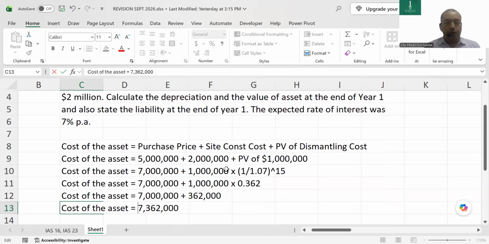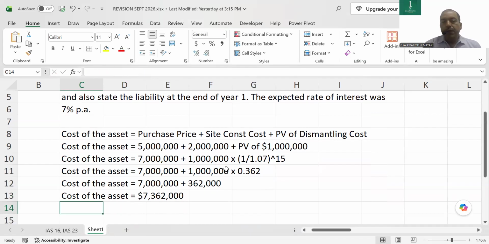So this is your total cost of the asset. It includes the purchase cost of the asset, the site construction cost, or any other installation expenses or incidental cost that is likely to be incurred, plus if there is a dismantling cost, the present value of that dismantling cost. So we have calculated that, but that is not the question.